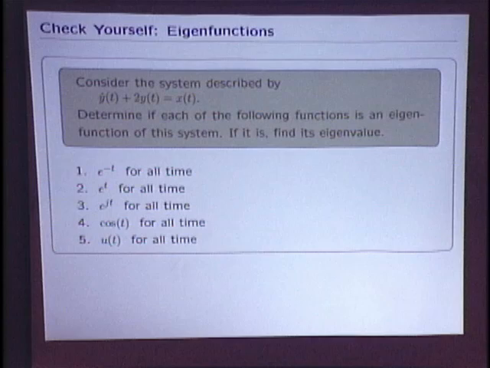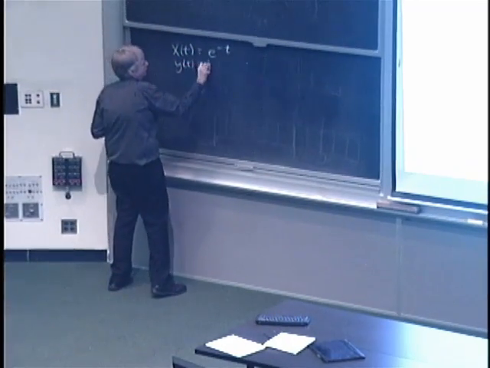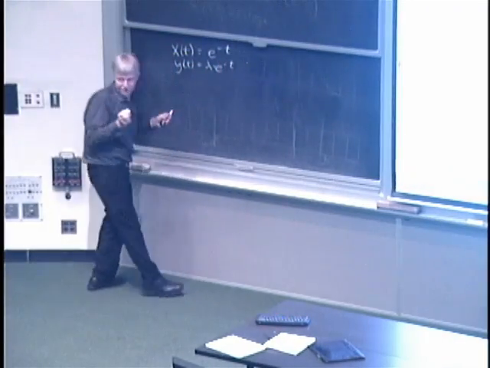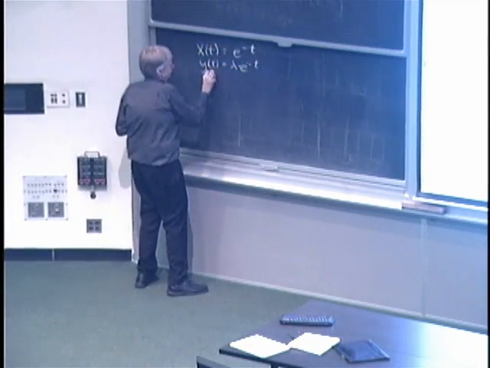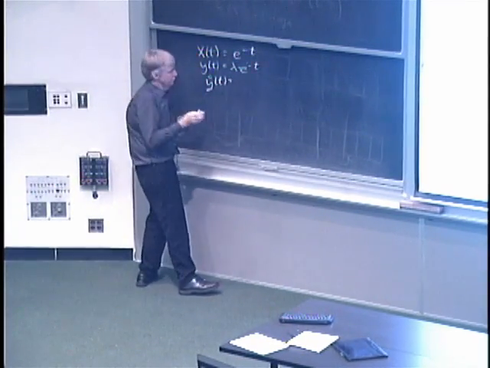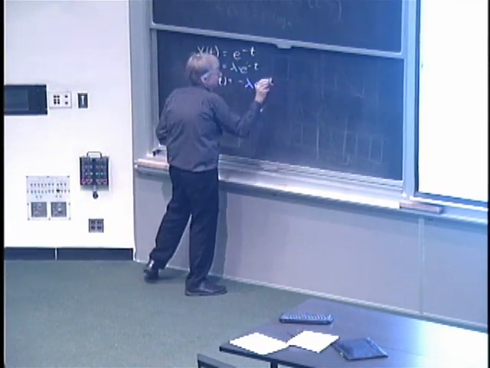Plug in lambda e to the negative t for x, and then see if it solves for that. Close. So what should I make x be? Sorry, you make x be e to the negative t, and you make y be lambda e to the negative t. Exactly. So then y dot would be minus lambda e to the minus t.